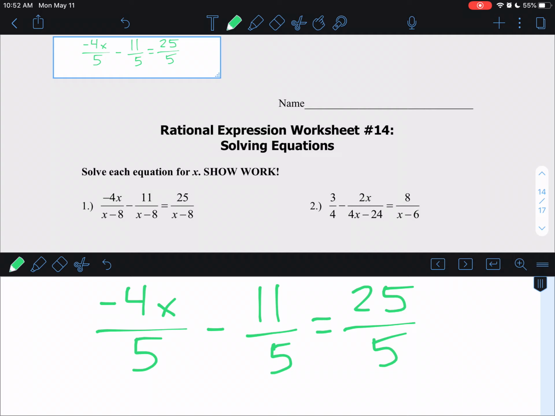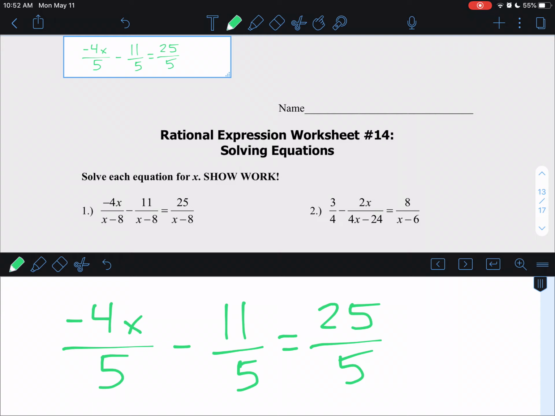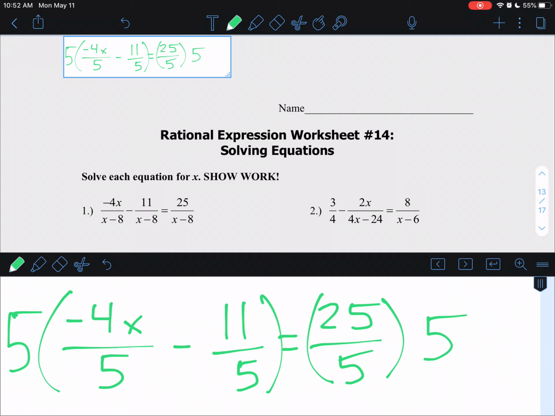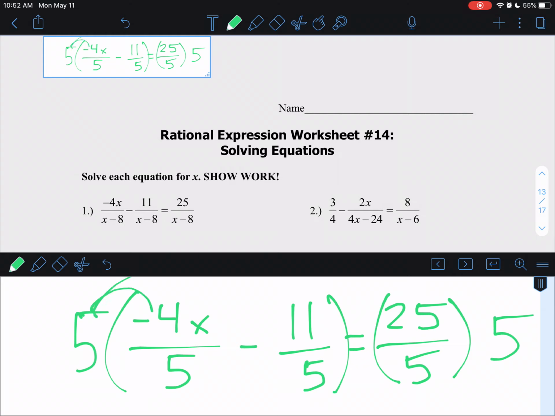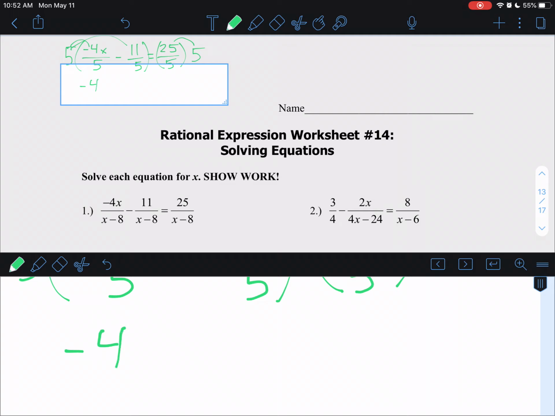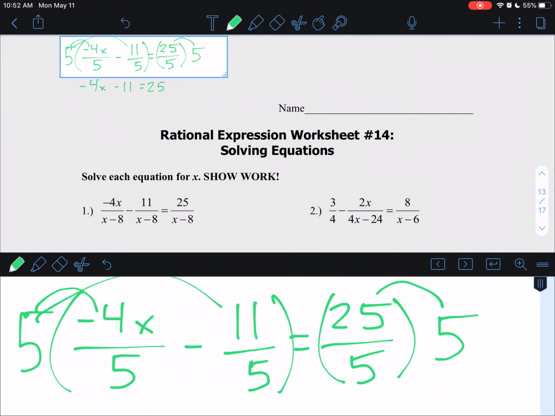So, all 3 of these fractions have the same denominator, which means I can basically just get rid of that denominator, because if I multiply the left side of this equation and the right side of this equation by 5, and then distribute, that just gets me negative 4x minus 11 equals 25, which is exactly what I would have had if I had just gotten rid of the denominators, because all the denominators are the same.